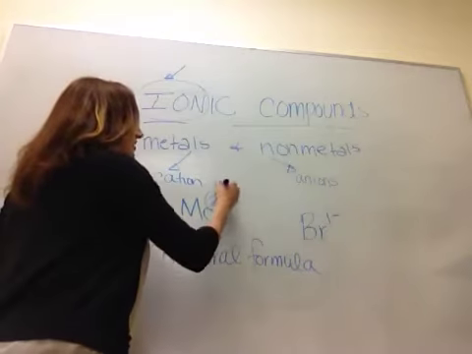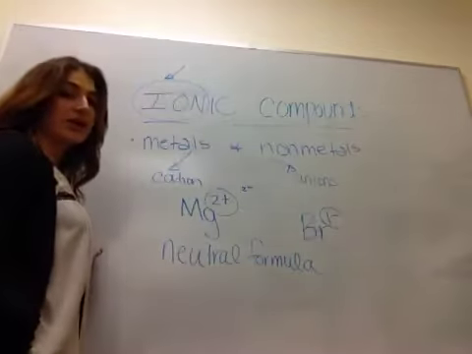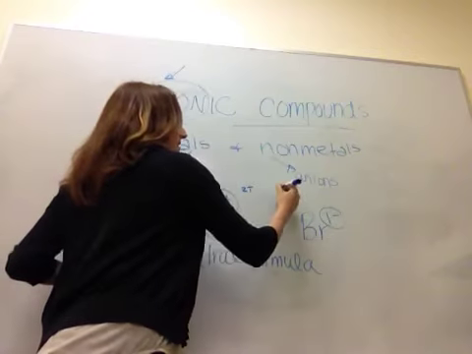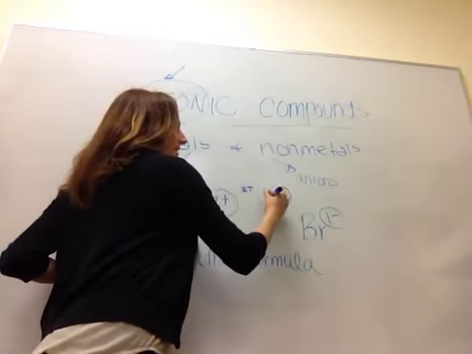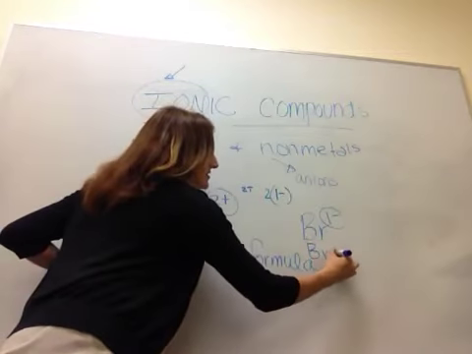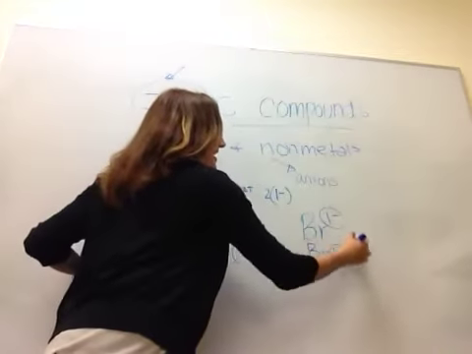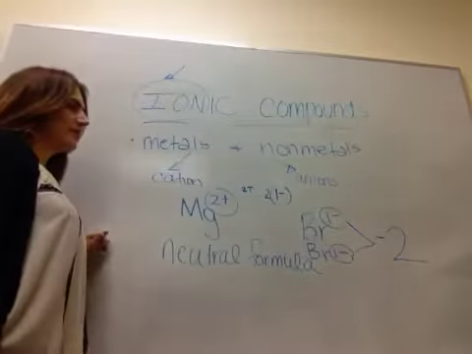Well, I have a 2+ charge here, and I have a 1- charge here. So 2+ and 1-. If I have 2 of these 1-, just like you added on puzzle pieces, I now have a total of -2 there.